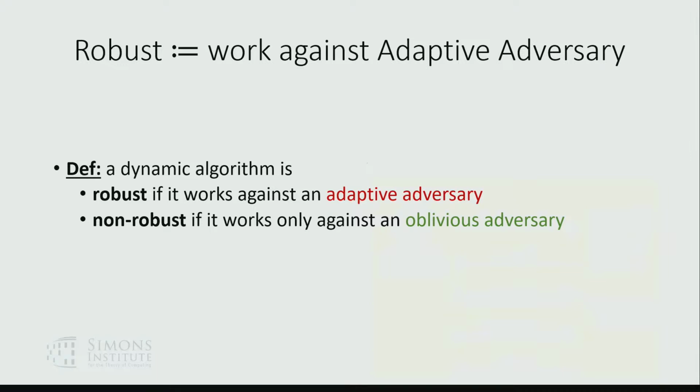And just one term in this talk: I will use the word robust to say that an algorithm works against an adaptive adversary, so it doesn't assume that the adversary is oblivious. Otherwise, we say it's non-robust. Just a word that I will use in this talk.